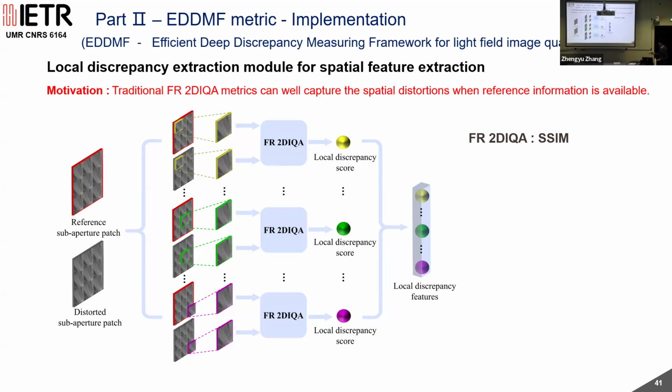So we propose to compare the same local regions between the distorted information and the reference information with a full reference 2D metric. And here we use the very classical SSIM metric in our framework. And after obtaining the quality score for all the regions, we directly combine all the scores as the local discrepancy features to measure the spatial information.